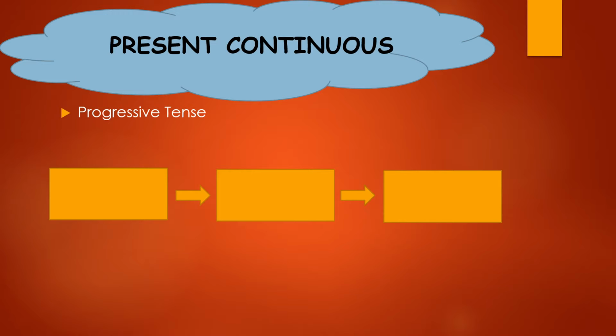Or we call it present continuous. It is an action that is happening now or an action in the future. Present continuous is something that happens now. What are you doing right now?